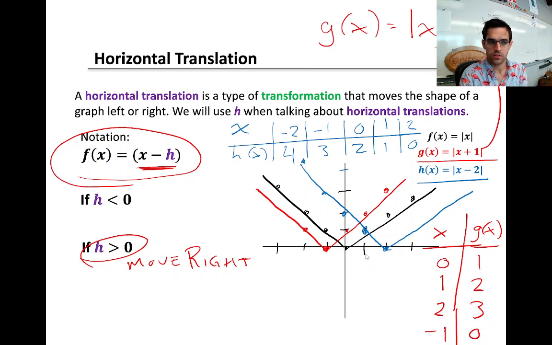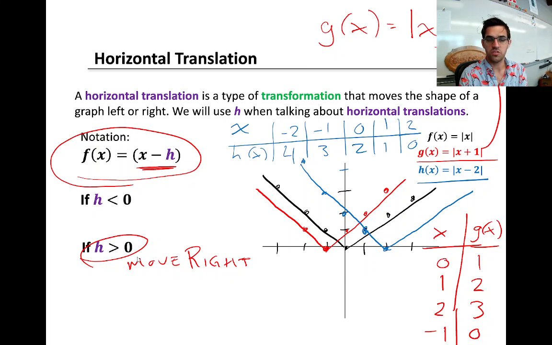Okay, so basically, if we get to this step, whatever we add or subtract to our input is going to be a horizontal translation. If h is a negative number or less than 0, as in the red equation, we're moving to the left. If h is a positive number, such as in the blue function, h of x, I know we're subtracting 2, but if we fit our model here, subtracting h, subtracting 2, 2 is h.